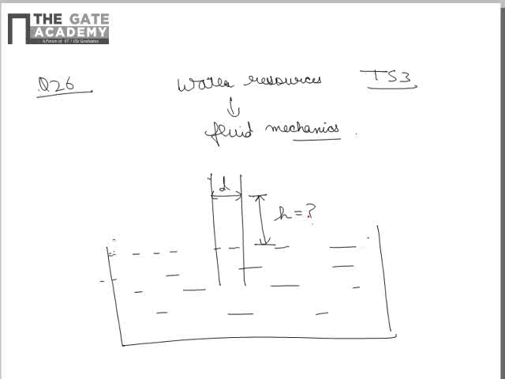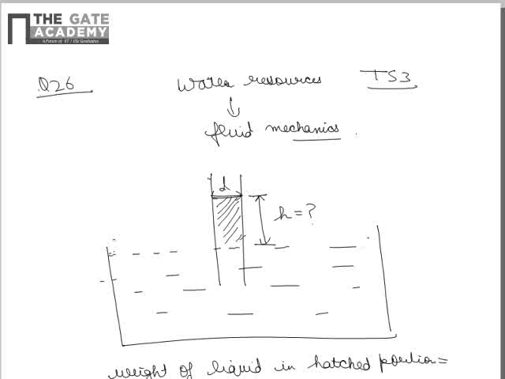Now let us say h is the height of liquid, and now we will consider equilibrium of this hatched portion. Now the weight of liquid in the hatched portion should be in equilibrium with the surface tension, say this is the shape of the meniscus and T is the surface tension which is acting.